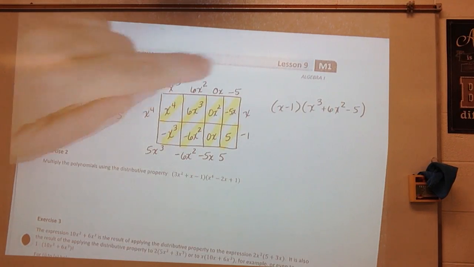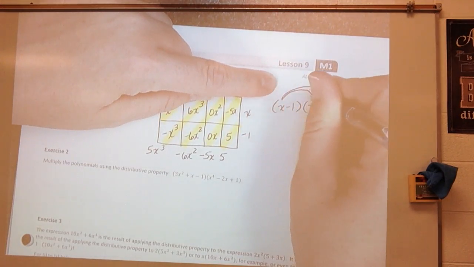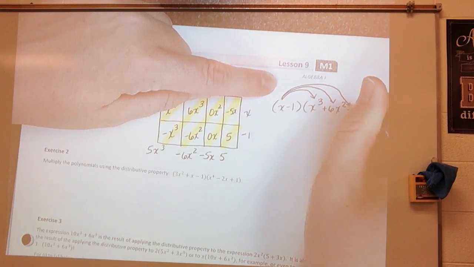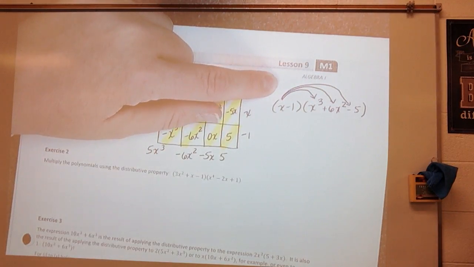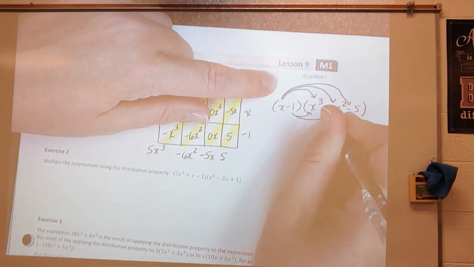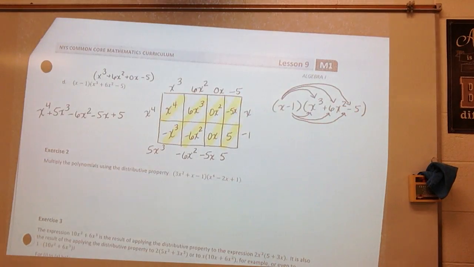Which means I'm going to multiply x times everything inside that parentheses. Then I have to multiply the negative 1 times everything inside that parentheses. When I do that, then I have to combine my like terms, and then I would come up with the same answer.